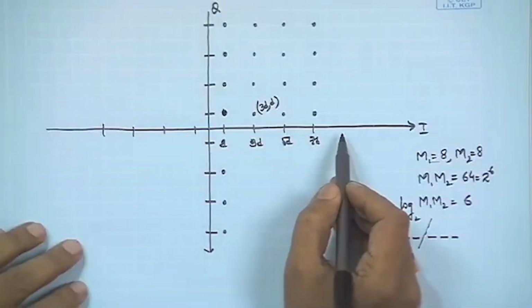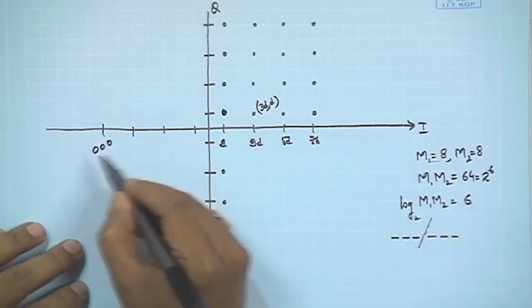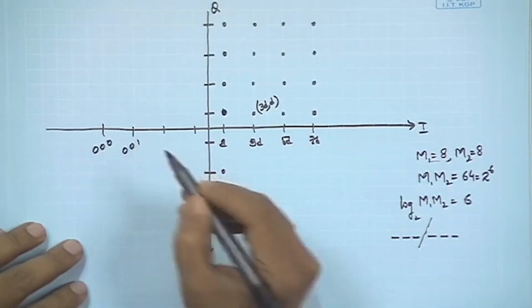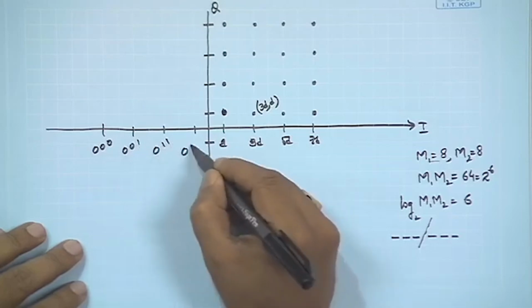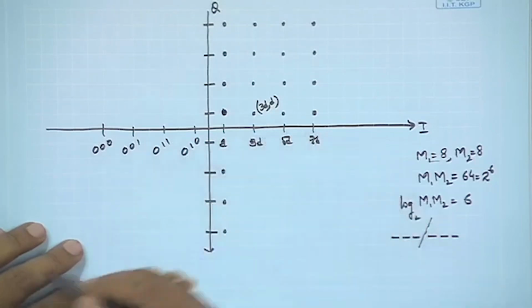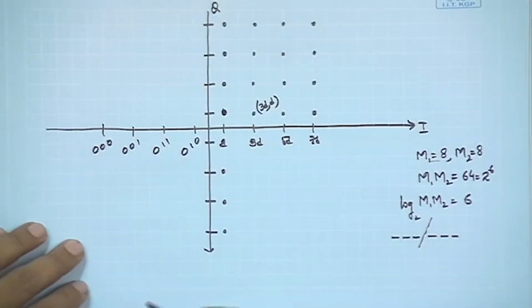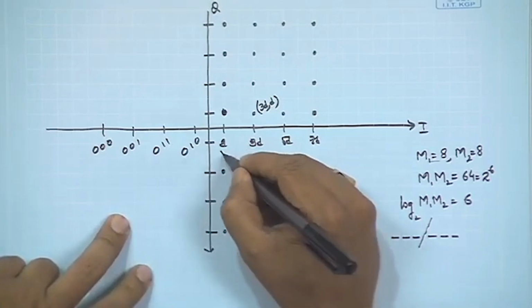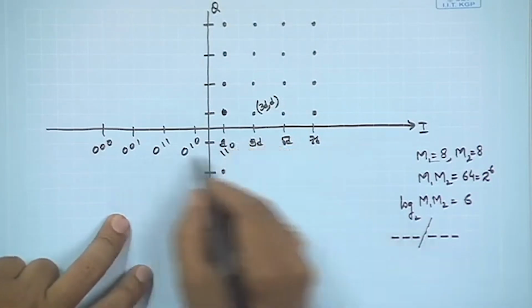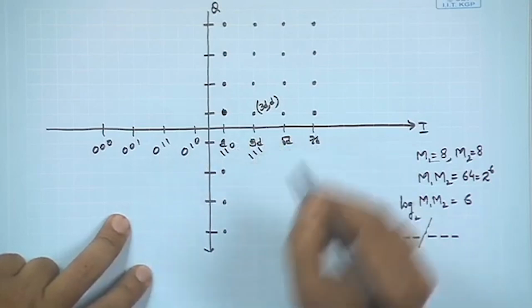If you do a gray coded constellation here, you could begin with 000, 001 and 011 or 010 and so on, and you could also do a gray coded mapping on this axis. In that manner, one could have 110 going from there, and then one could go to 111 and so on.